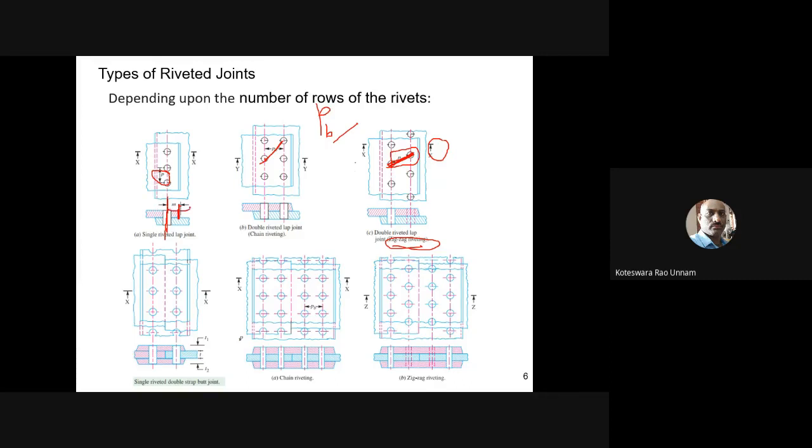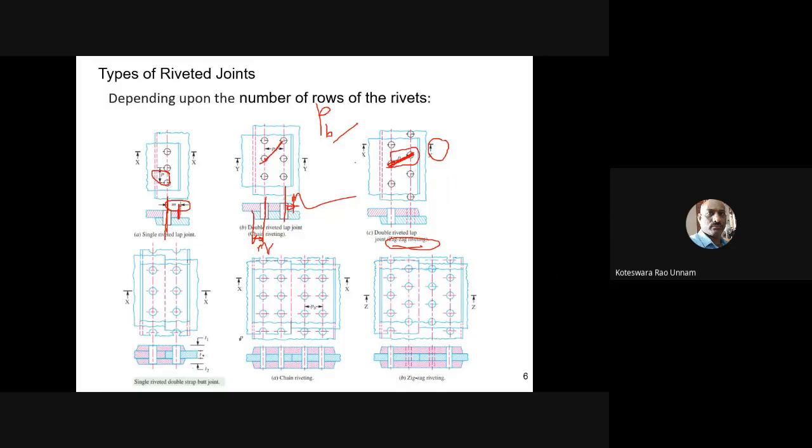We'll call this the marginal pitch, or M. In case here, if you take this, this is the edge of the plate and this is the center line. So this also I'll call margin M. Even for this, this is the edge of the plate and this is the row nearer to this edge. So I'll call this margin. Like this, you can define the margin for all of these.